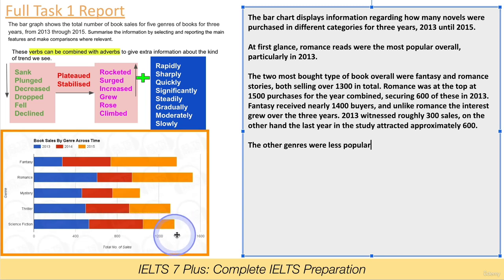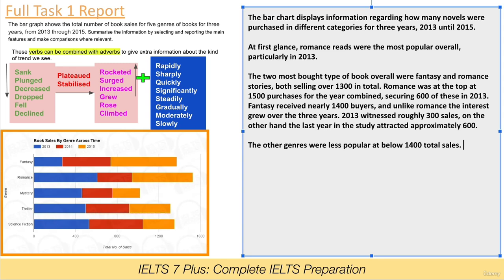They were witnessing about 1,400 and less. That's below 1,400 total sales. Okay, so that's how we're showing the examiner how we're grouping them together.